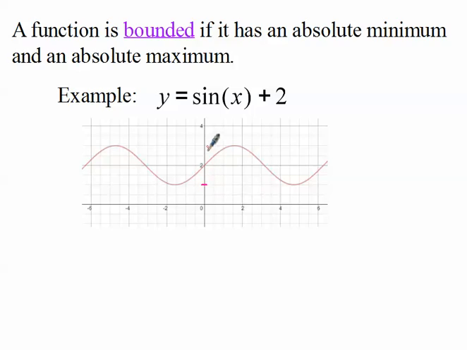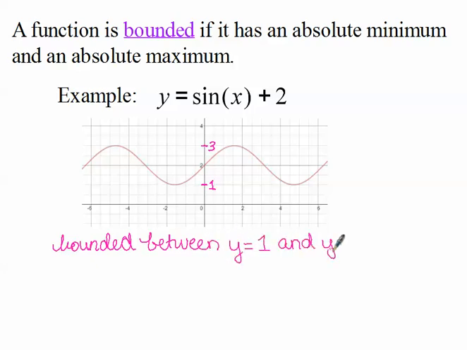So here we've got our lowest and our highest values, and we can see that the minimum occurs where y is 1, and that the maximum occurs where y is 3. So in this case, we would state that this particular function is bounded between y equals 1 and y equals 3. This function would just be said to be bounded. We don't call it bounded above and bounded below, just simply bounded.